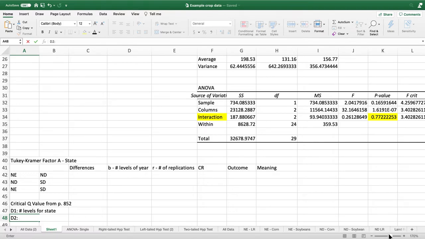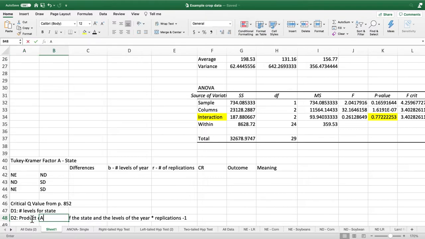For D2, we actually have to take the product of the levels of the state and the levels of the year and multiply it by the replications minus 1. So that looks like this: A times B times R minus 1.